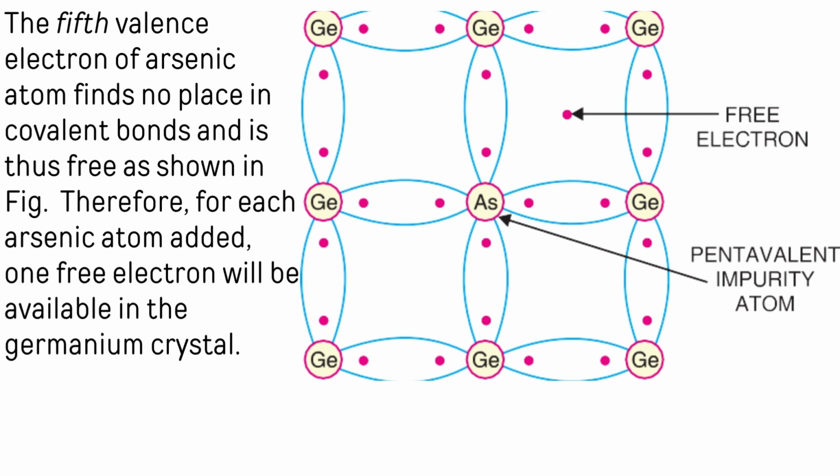Because arsenic is a pentavalent impurity, 4 electrons form covalent bonds with 4 germanium atoms, and the remaining 1 electron becomes a free electron. The fifth valence electron of the arsenic atom finds no place in covalent bonds and is thus free, as shown in the figure. Therefore, for each arsenic atom added, 1 free electron will be available in the germanium crystal.